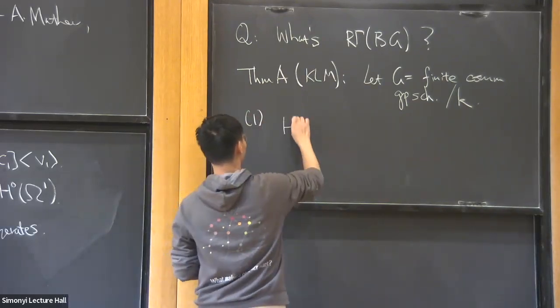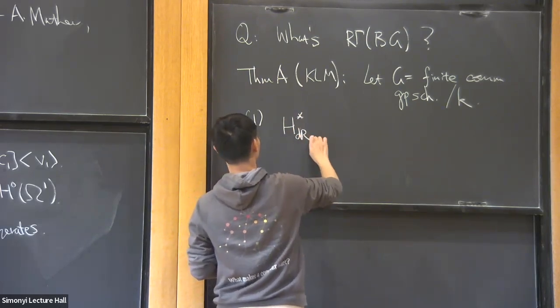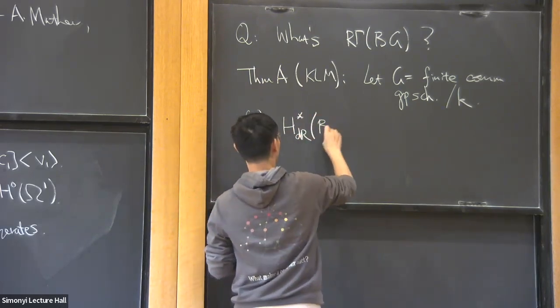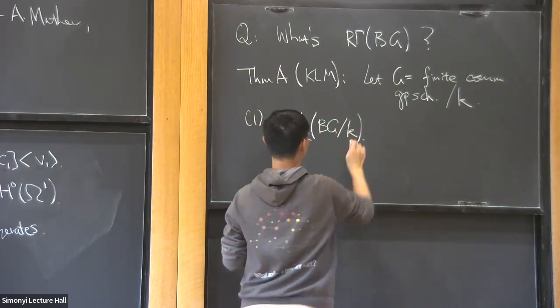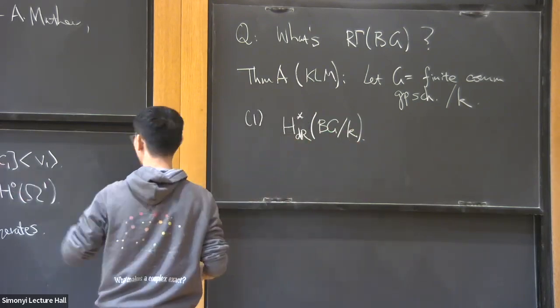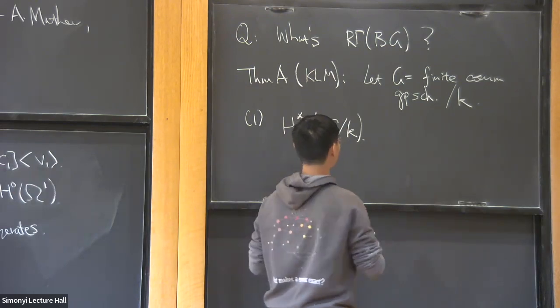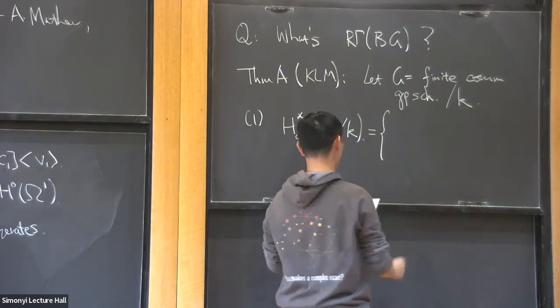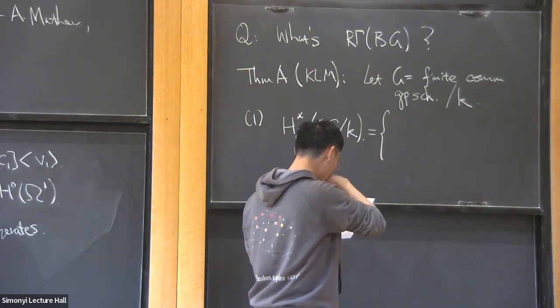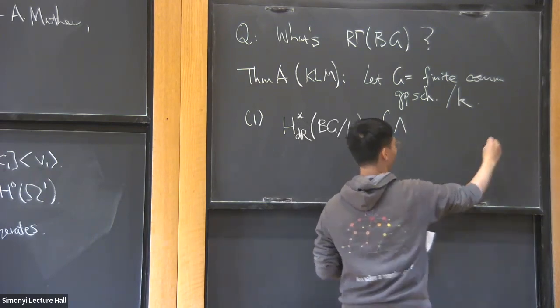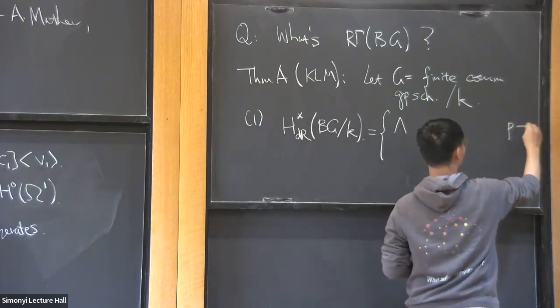First of all, you can just look at the de Rham cohomology. You can first calculate the de Rham cohomology without going through this Hodge to de Rham spectral sequence, and the result is the following. Actually, it depends on the prime.